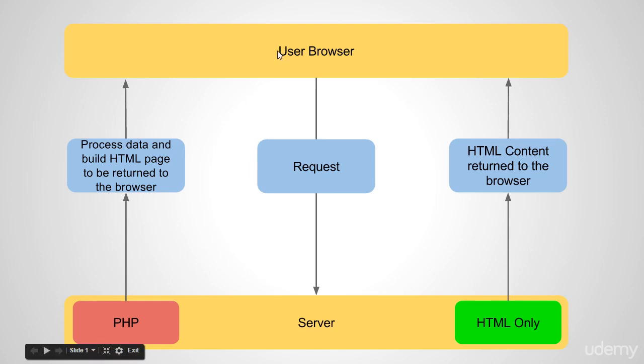So what's going to happen now is the user will still send a request to the server, but this time the file they're requesting is going to have some PHP code in it.